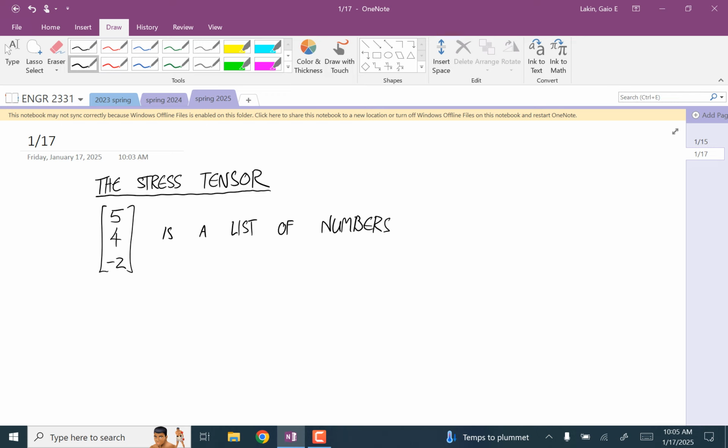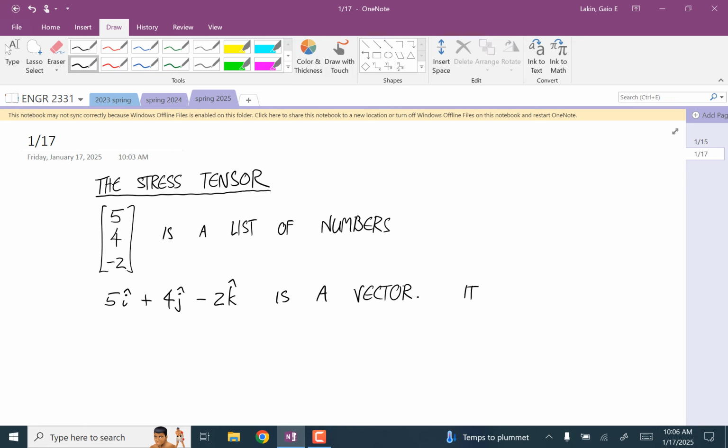But if you take this to mean 5 times this unit vector plus 4 times this unit vector minus 2 times this unit vector, this is a vector. Okay?